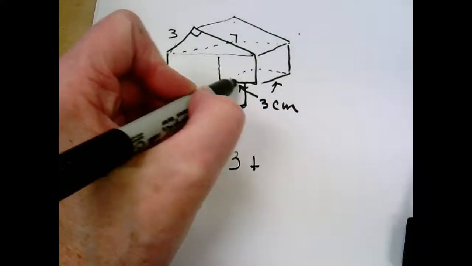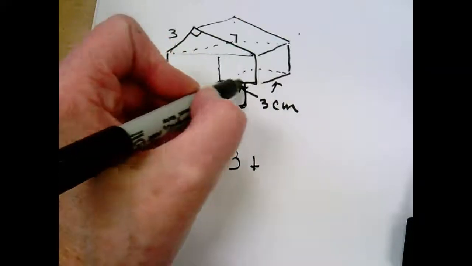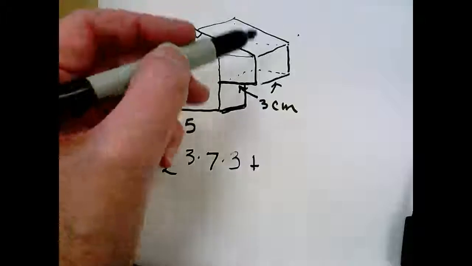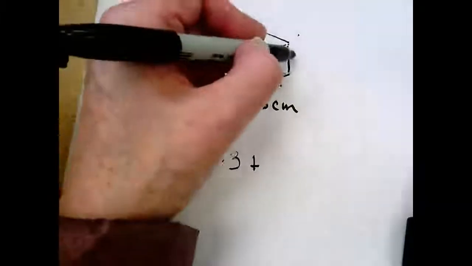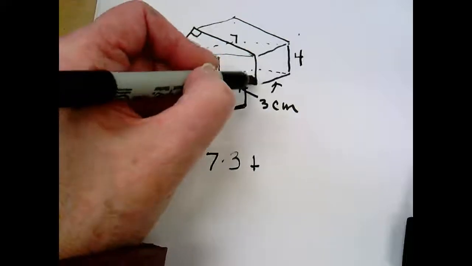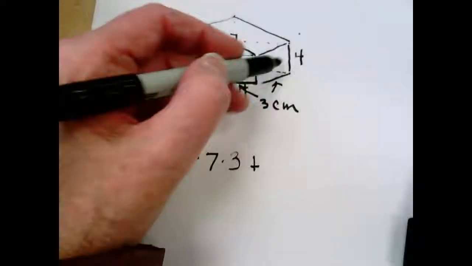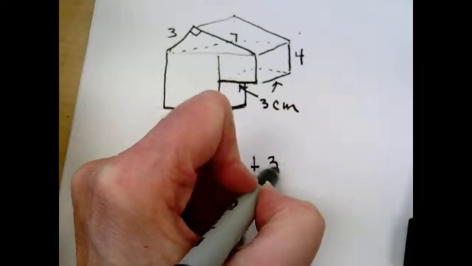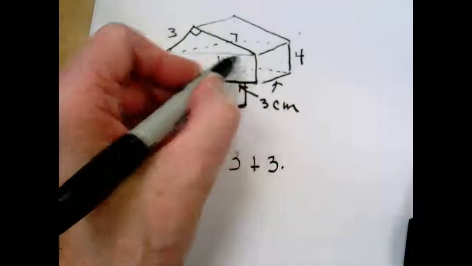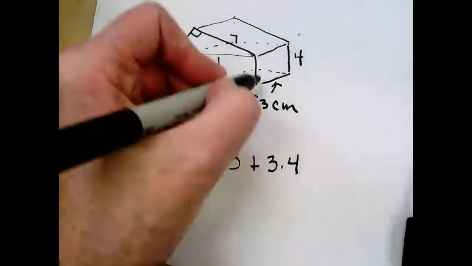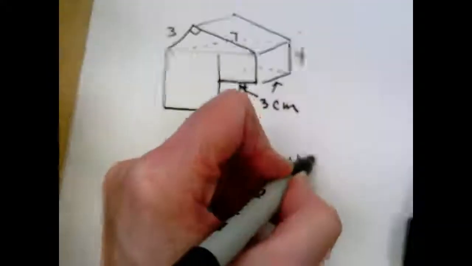Now I need to find the volume of this prism. So I have the width, I have the height that I forgot to write down as 4. This is the same height as this one. And so the area of the base is 3 times 4, and then your height here of 3.